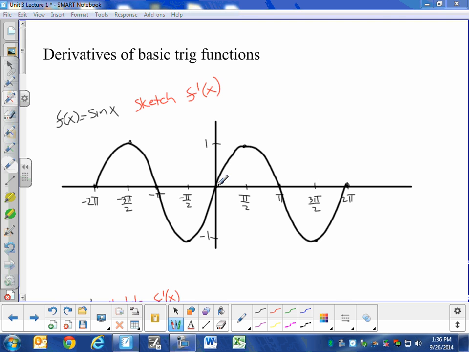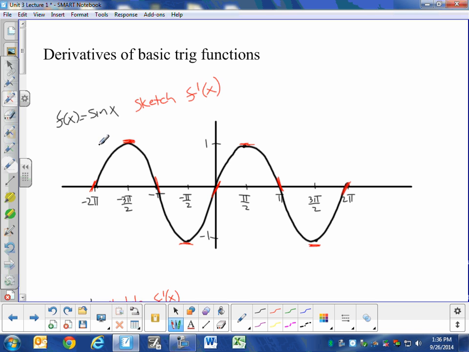And to do that, at all of these important values, I'll sketch the tangent slopes, and then I'll sketch the derivative values, the tangent slope values. So if this is f, here comes f prime.